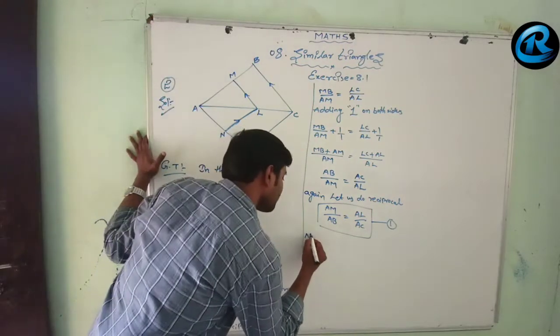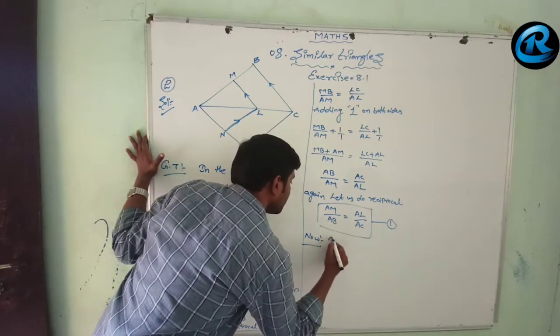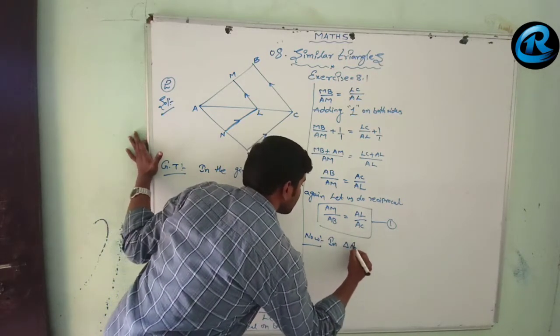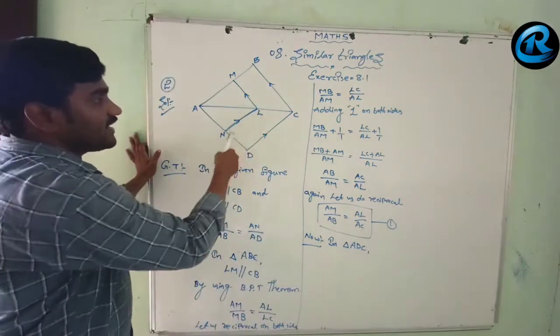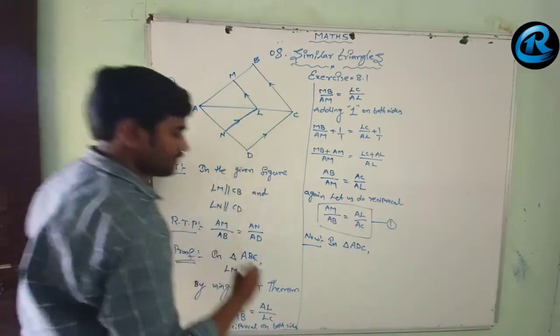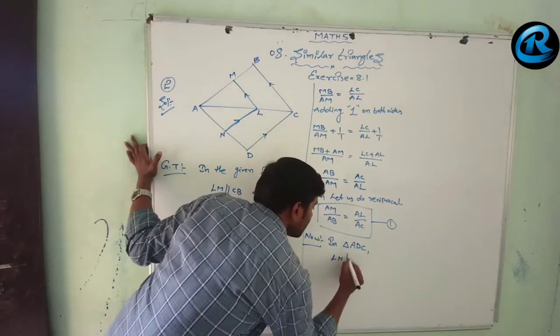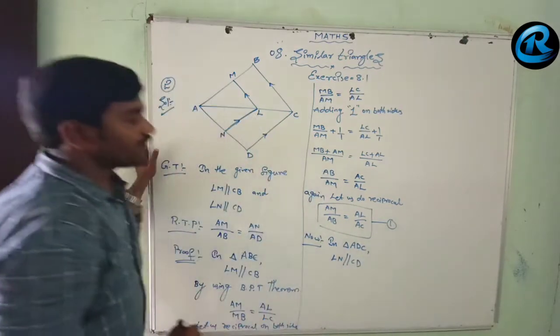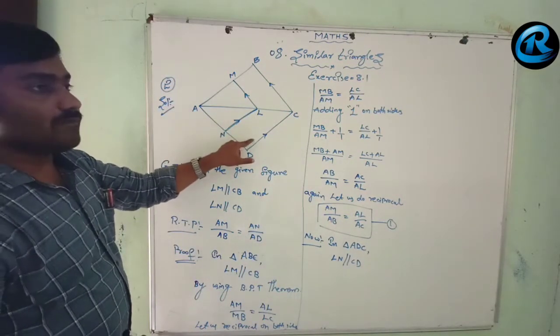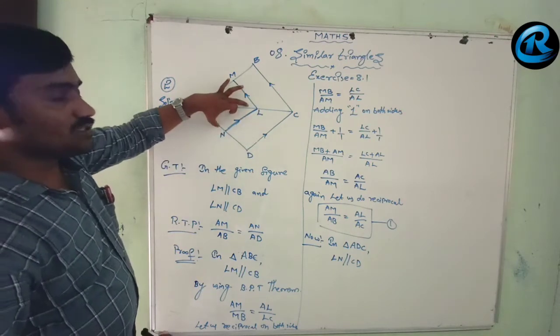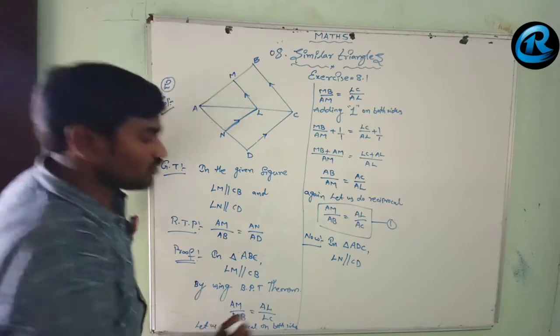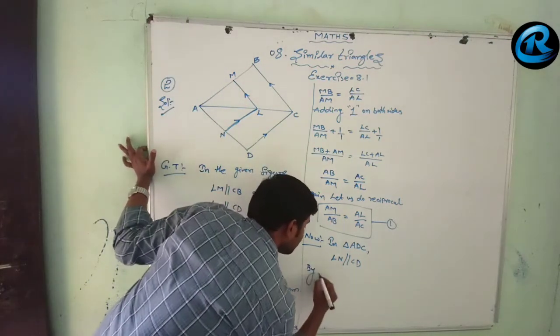Now in triangle ABC, where LN is parallel to CD, LN is parallel to CD. If these two lines are parallel in this triangle, then the other two sides will be divided into the same ratio by using BPT theorem.